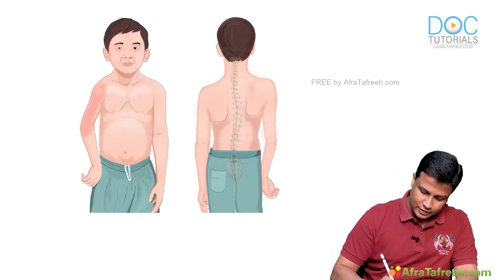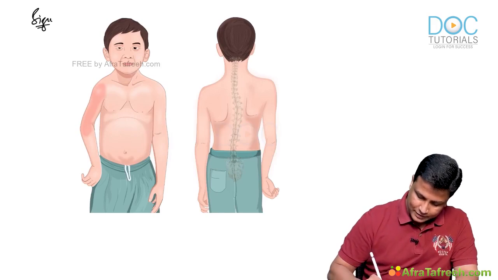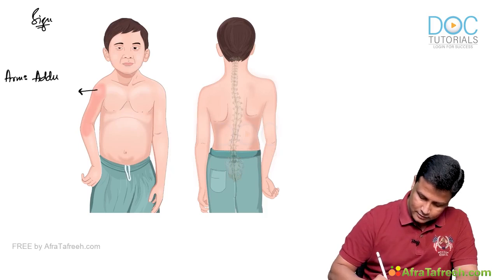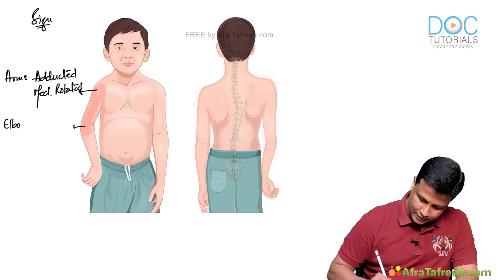So let us write down the sign here, guys. What's happening at the arm here? The arm will be adducted and medially rotated. Next is the elbow. What's happening at the elbow, guys? The elbow is extended.